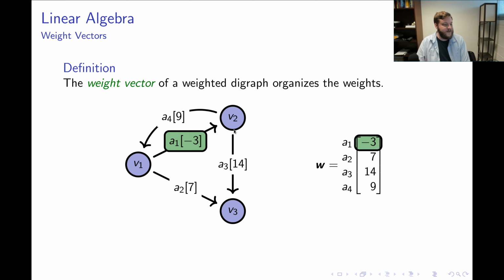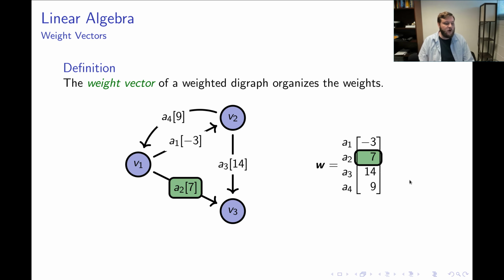So again, in this situation, my first arrow has weight -3, so -3 is the first coordinate of my weight vector. My second position in the weight vector tells me what the weight is for my second arrow, and that's equal to 7 here. The third coordinate of the weight vector is telling me what the weight for the third arrow is, that's 14.